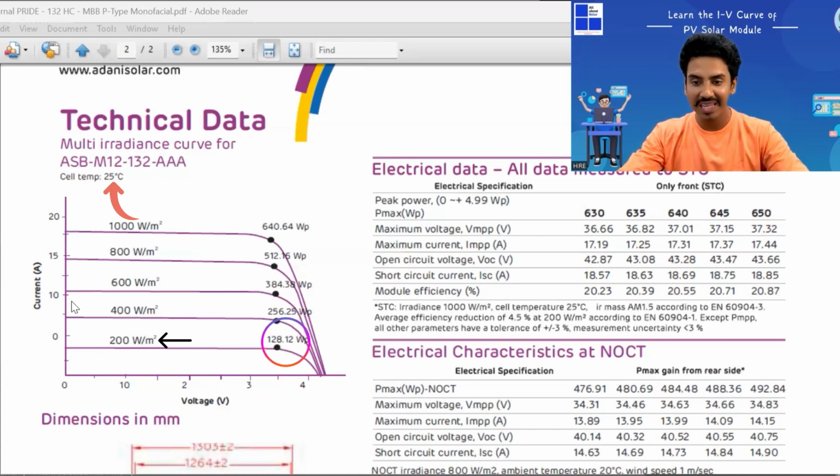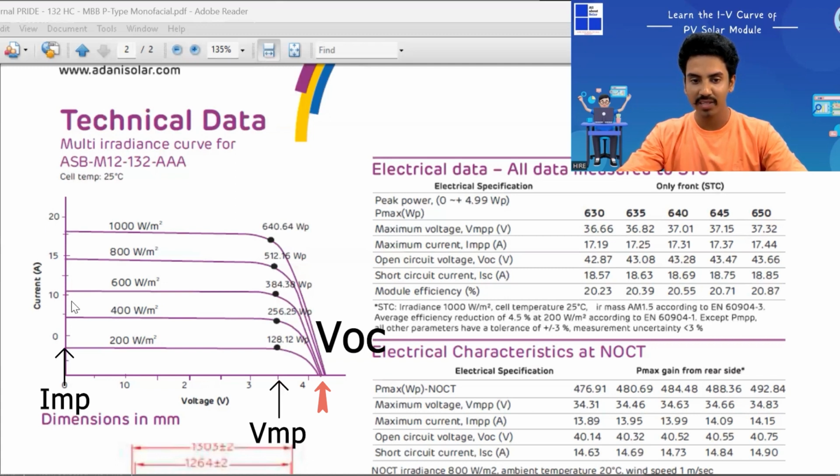How? Because in this particular condition, your voltage is, you can see, almost near 40, above 40. Here, this is the point, if I consider this point, this is your VOC basically. And at this point, this is your VMP and this is your IMP.